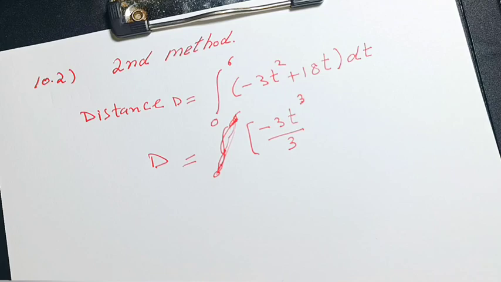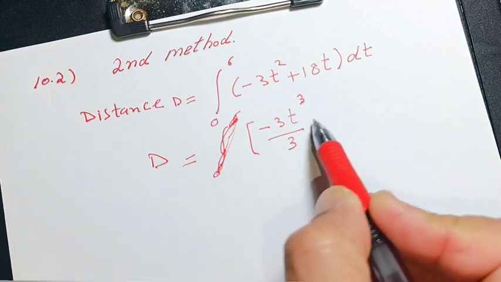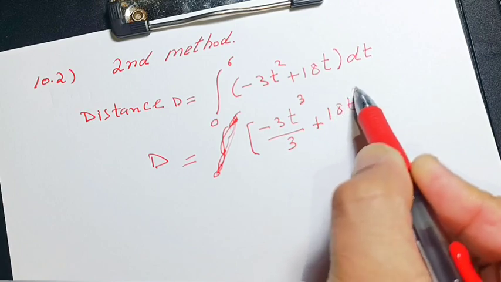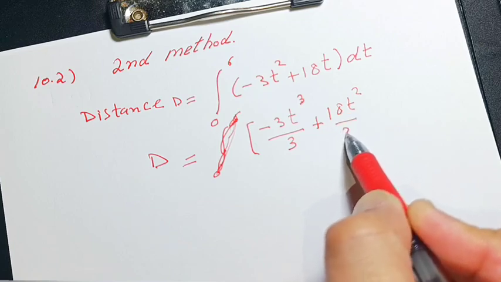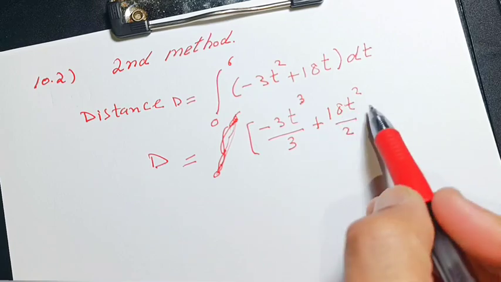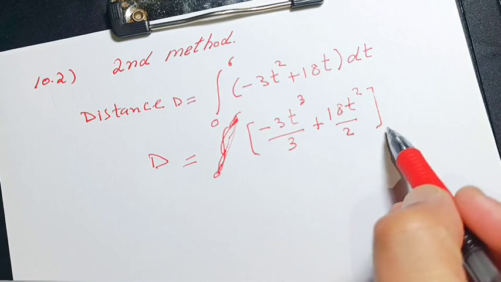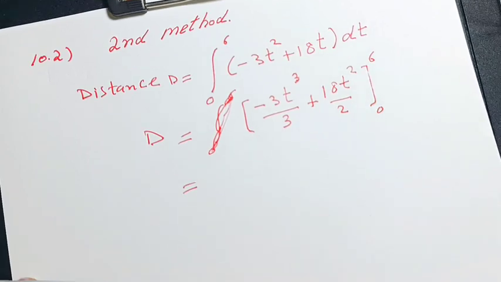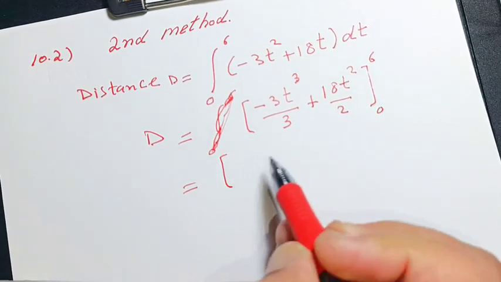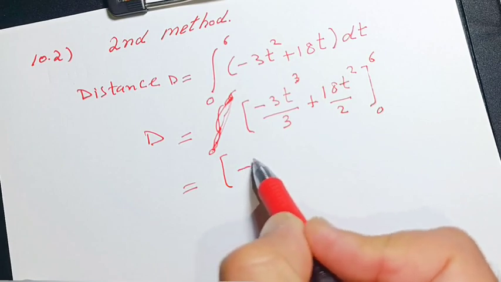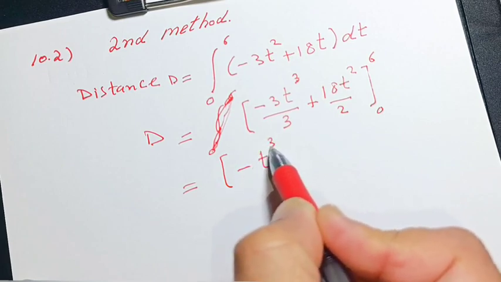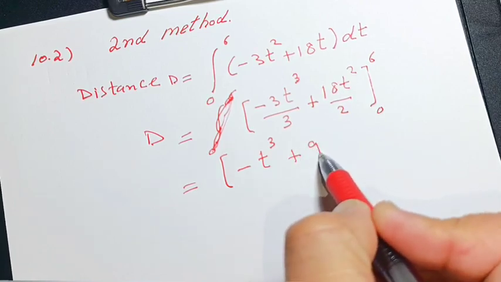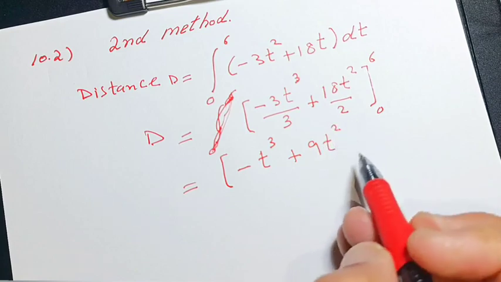Same thing on this side, plus 18t power 2 divided by 2, from 0 till 6, and we simplify here. That's gonna be negative t power 3 plus 9t square.